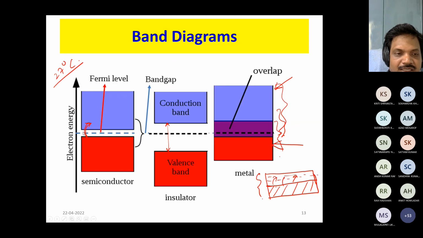Here another line you can see. This line from the center of the band gap is known as the Fermi energy level, the Fermi level.